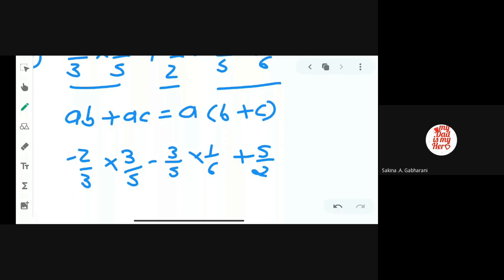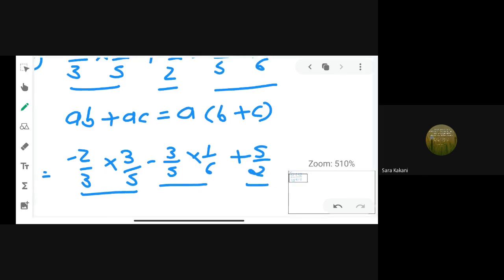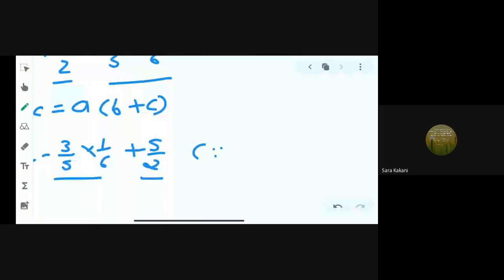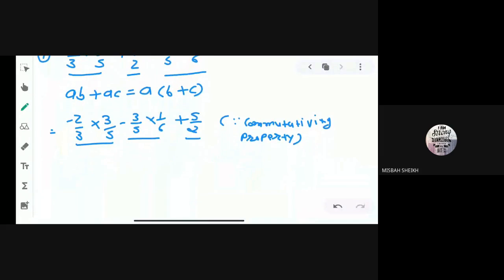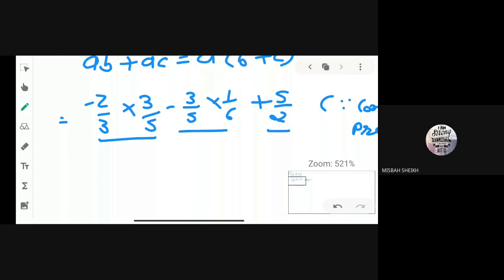You can see we are changing the position from third to second and from second to third. Yes or no? In bracket we are writing here, because of commutativity property, we have to mention it, right? Commutativity property. Clear, all of you? Yes, sir.